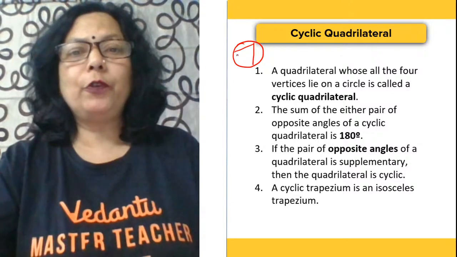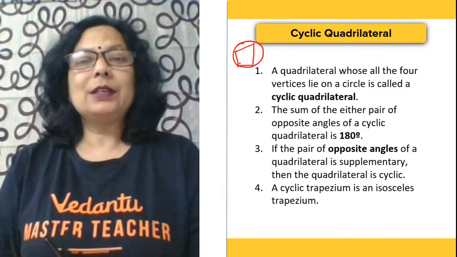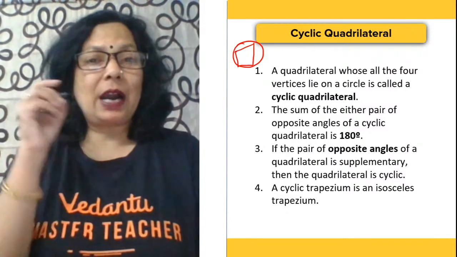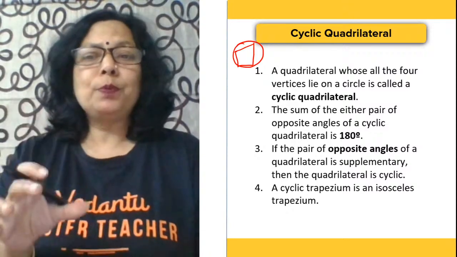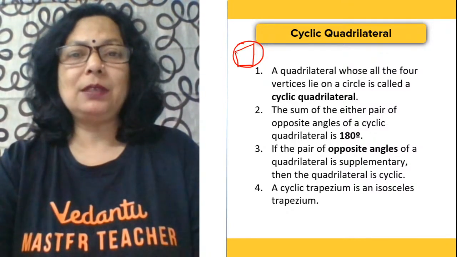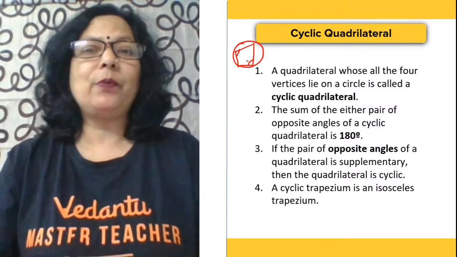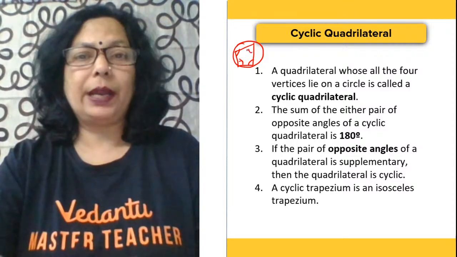If all four vertices lie on the circle, it is called a cyclic quadrilateral. But it has a special property: in a quadrilateral that fits in a circle, the sum of either pair of opposite angles is supplementary. Means these opposite angles will be 180 degrees. Then these opposite angles will be 180 degrees.